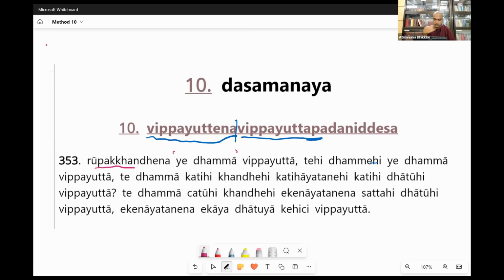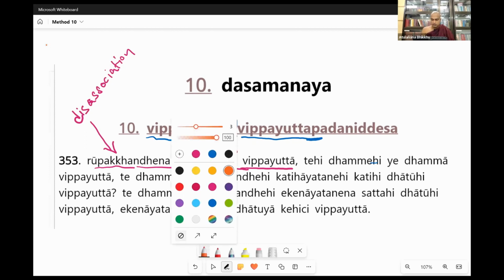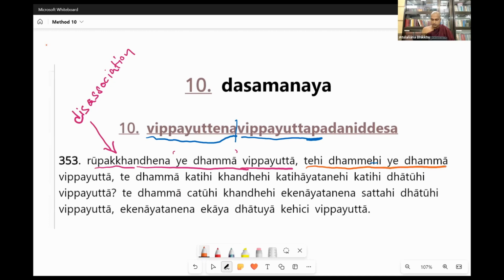So from this part of the sentence, we have to consider the disassociation. And then in the next part of the sentence, it says, Tehi dhammehi yedhamma vipayutta.